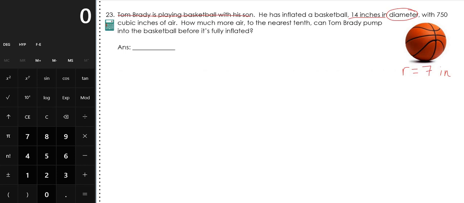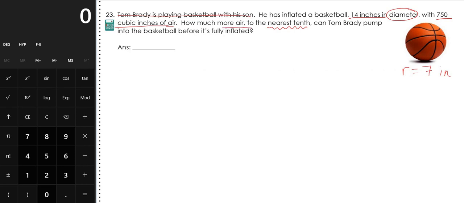With 750 cubic inches of air. So let me go back. He's inflated the basketball with 750 cubic inches of air. Okay, so that's how much air he's put inside of his basketball so far. How much more air to the nearest tenth, that's how we're rounding, can Tom Brady pump into the basketball before it's fully inflated?